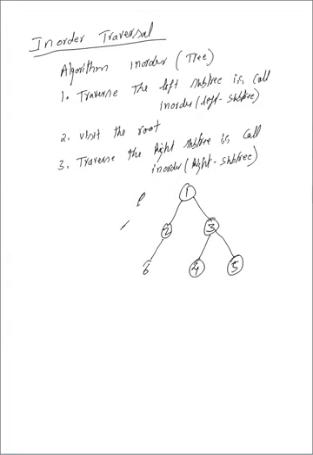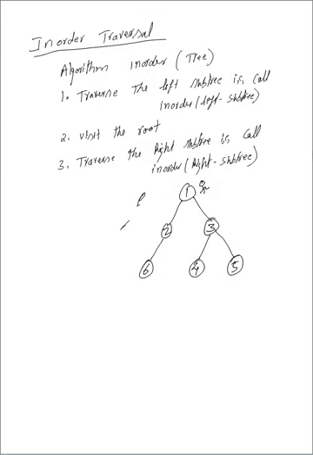Right. Now see the above algorithm. What is there? Traverse the left subtree. Now I am at the root. Now traverse the left. What is the left subtree for me? For me, the left subtree is 2 and 6. That means you come to 2.